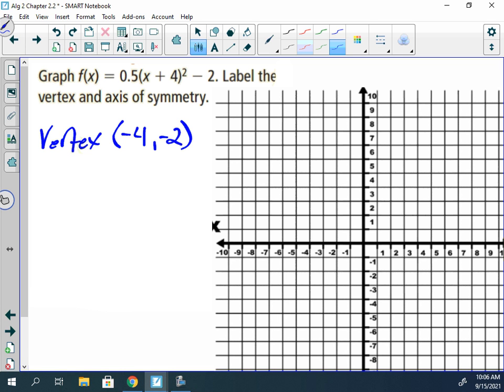If it's positive inside the parentheses, it's going to come out as negative. If it's negative inside the parentheses, it's going to come out as positive. And we take the k value as it is. Axis of symmetry. X would equal. That's it.